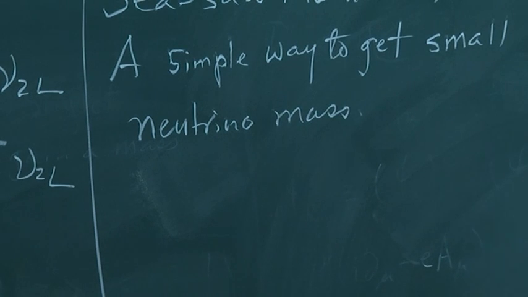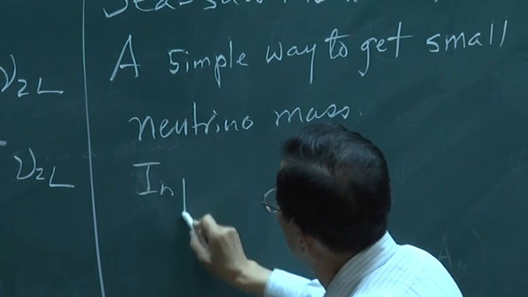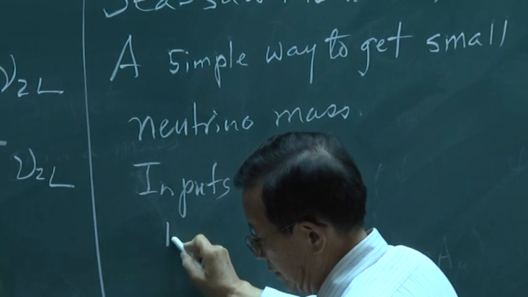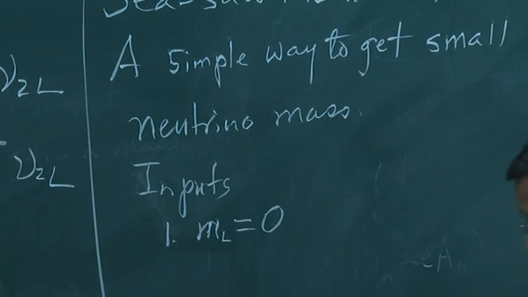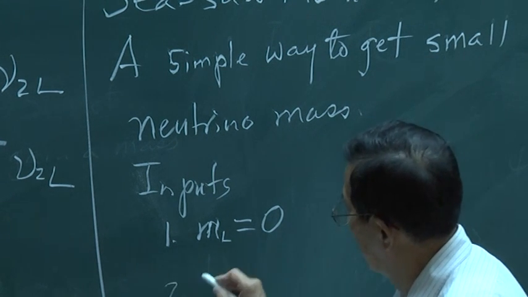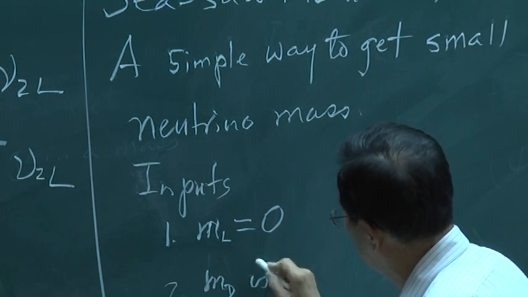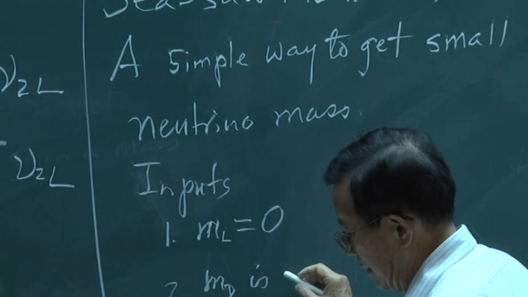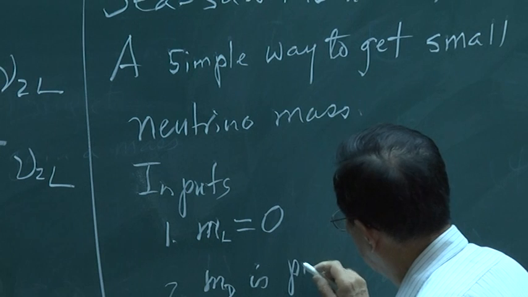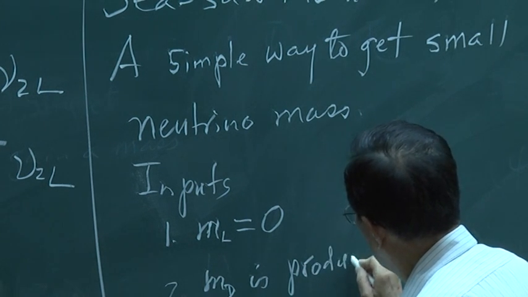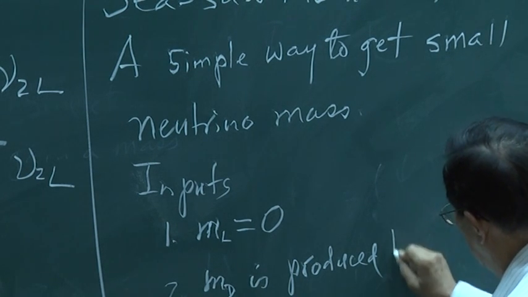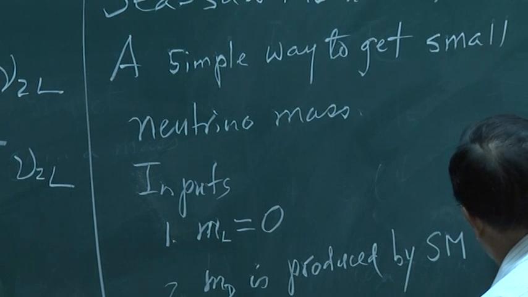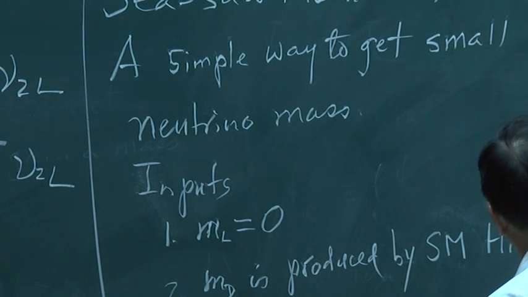Okay, so the input is as follows. One, I don't have a left-handed Majorana mass. Second, the MD, the Dirac mass term, is produced by the standard model Higgs mechanism.